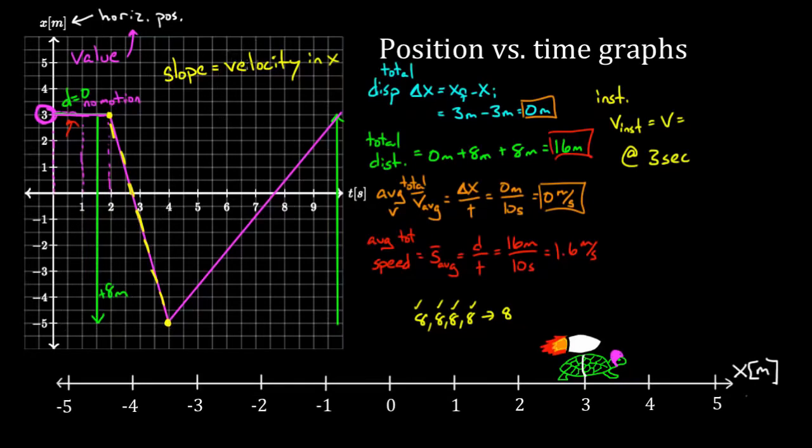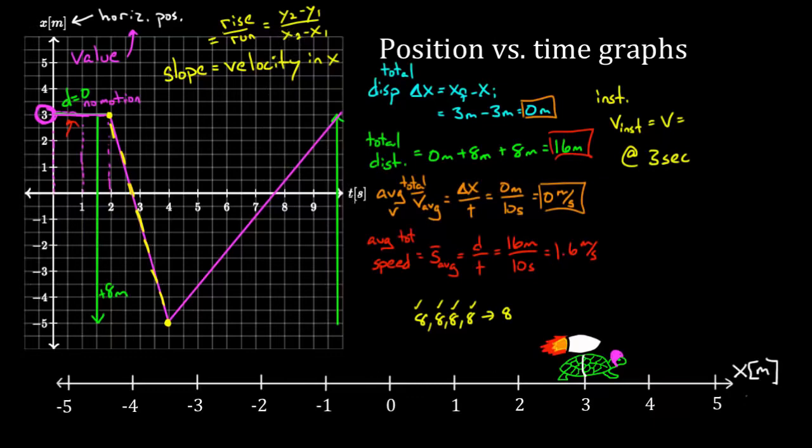You might wonder why. Why is this true? Why is the velocity equal to the slope? Well, remember from math class, slope was the rise over the run. And you might have seen that as, okay, y2, this is math class here, minus y1 over x2 minus x1. But you saw it like that because in math class, typically the vertical axis was always y, and the horizontal axis was always x.